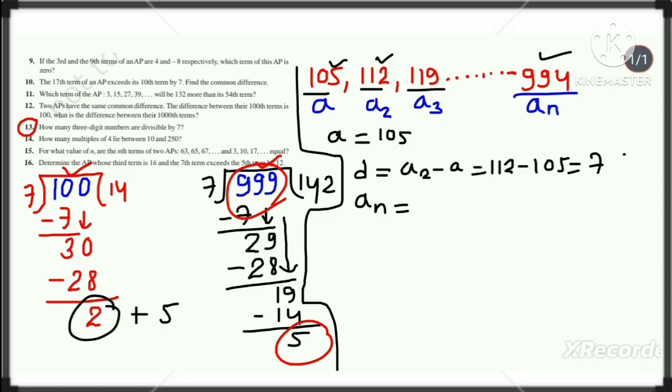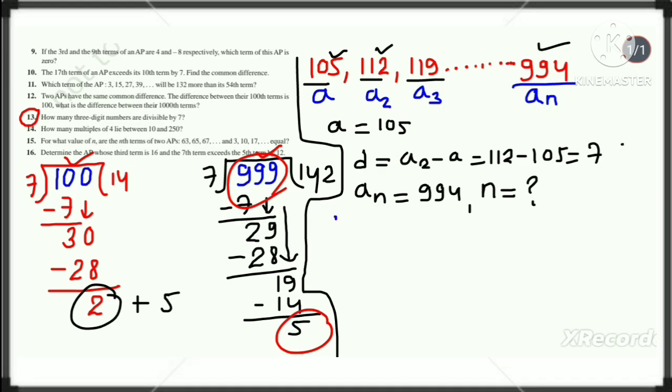The last term, that is AN, is given here as 994. And here we need to find the total number of terms which are divisible by 7, denoted by n. We can easily find this number of terms by using the formula, and that formula is a plus n minus 1 into d equals an.